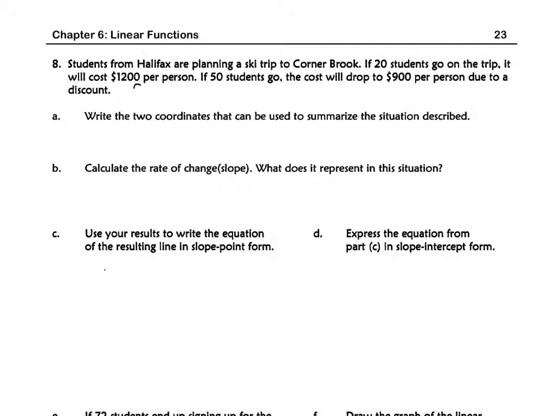So based on that description, the cost would be the dependent variable, and the number of students would be the independent variable.